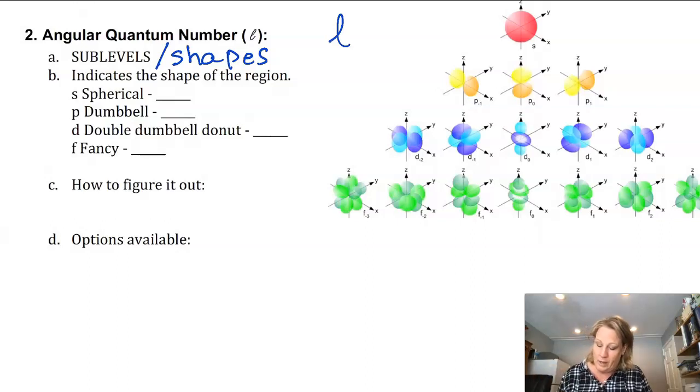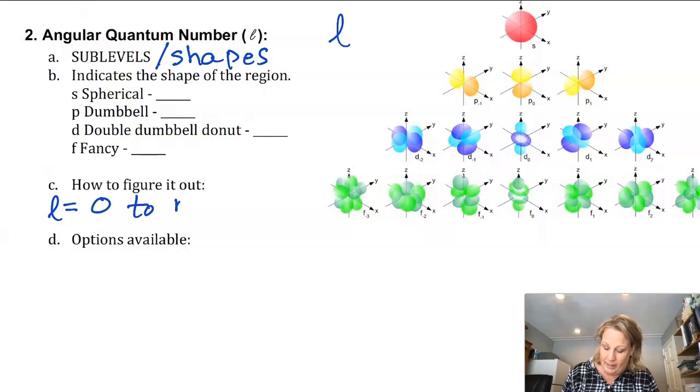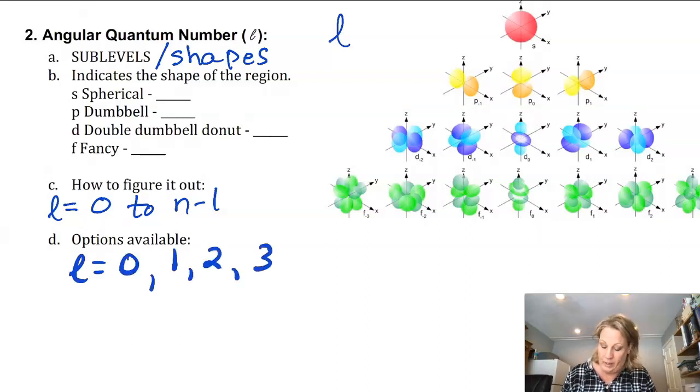So how do we figure out l? l is going to equal 0 to n minus 1. l is going to be equal to 0, 1, 2, and 3.